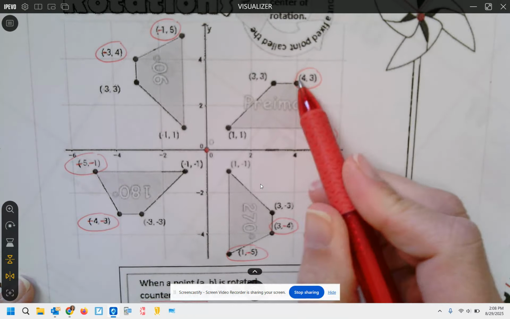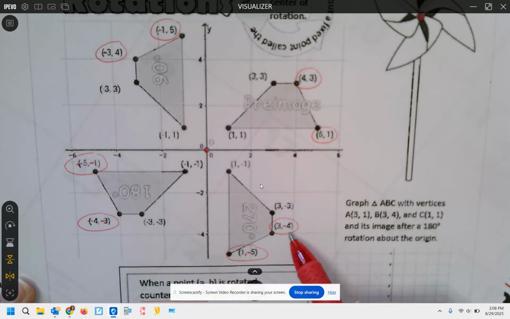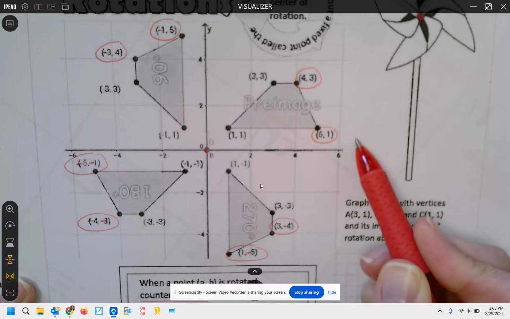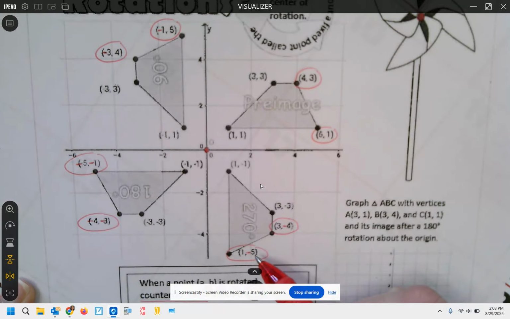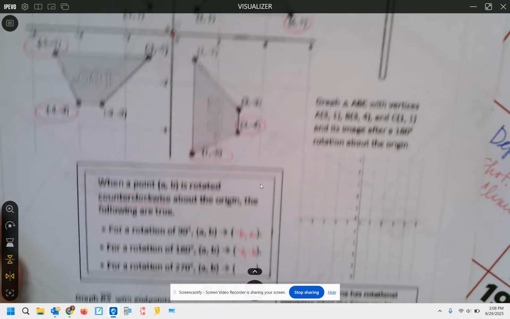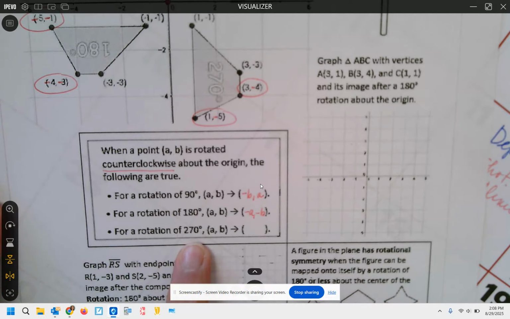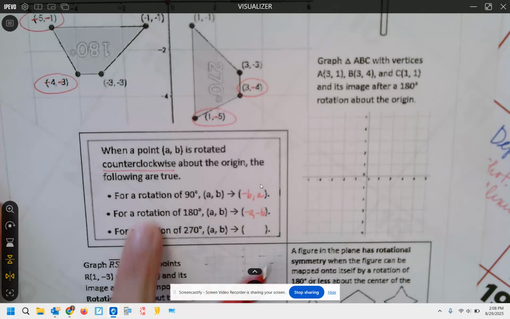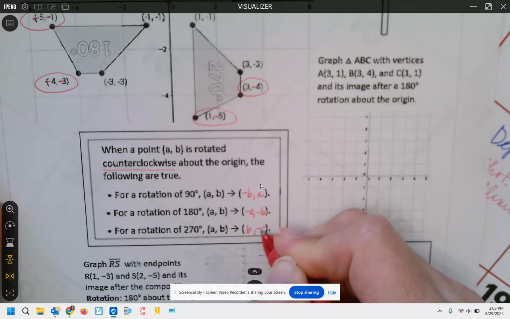The 3 and the 4 swapped positions, and then the second number is now being negated. Same thing here. The 1 and the 5 switch places, and the second number, the 5, is negated. So generically down here, for a rotation of 270 counterclockwise, all of these are counterclockwise, (A, B) becomes (B, -A).